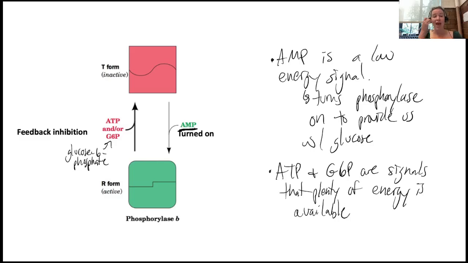And if we already have enough energy, we don't need more. So we can turn the enzyme off. And these work through feedback inhibition.